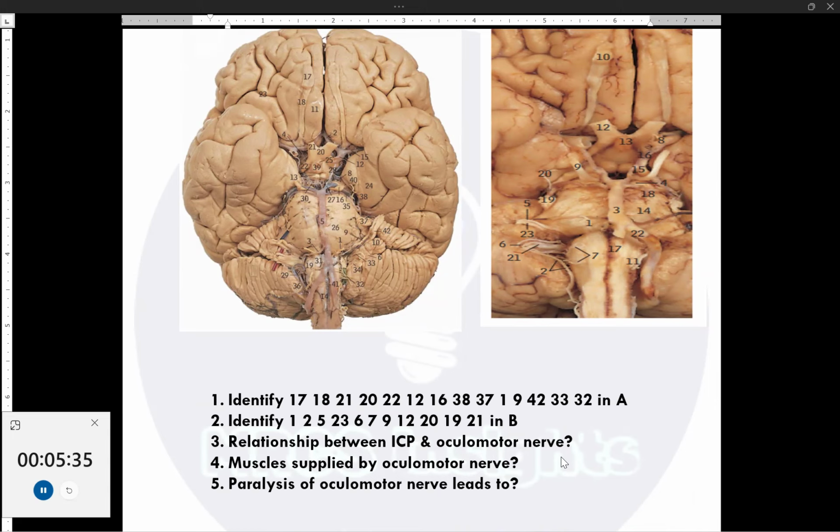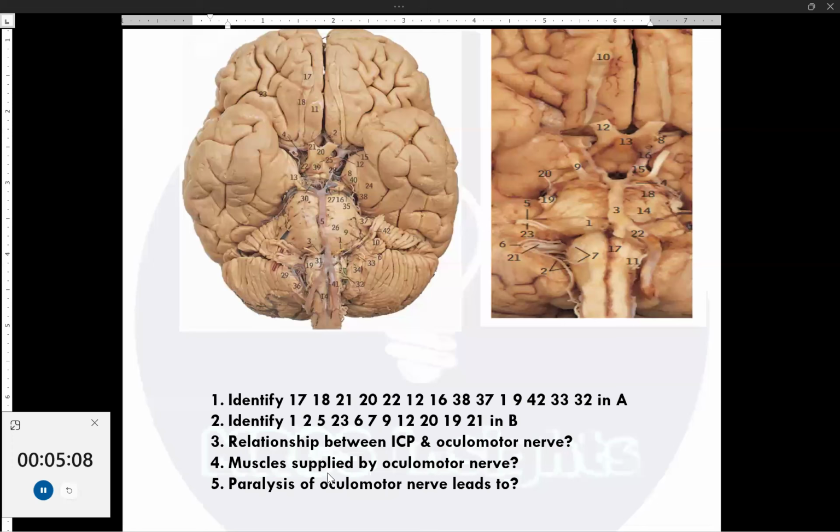The first sign to develop is mydriasis, followed by ptosis and ophthalmoplegia. And what about the pupil? The pupil will be dilated, and the eye will go laterally and downwards because of the unopposed action of the lateral rectus and superior oblique.